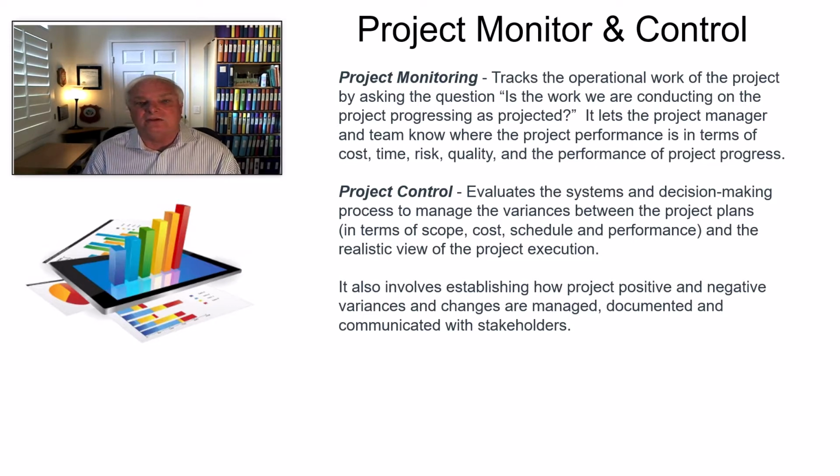It provides you, or it should be giving you, what we refer to as a realistic view of the project execution. If I'm overrunning and I can anticipate I'm going to continue to overrun, you should be able to see that. You should have visibility to that. If you are underrunning, you should have visibility to that. It gives you the ability to really understand where you're at at a specific point in time.